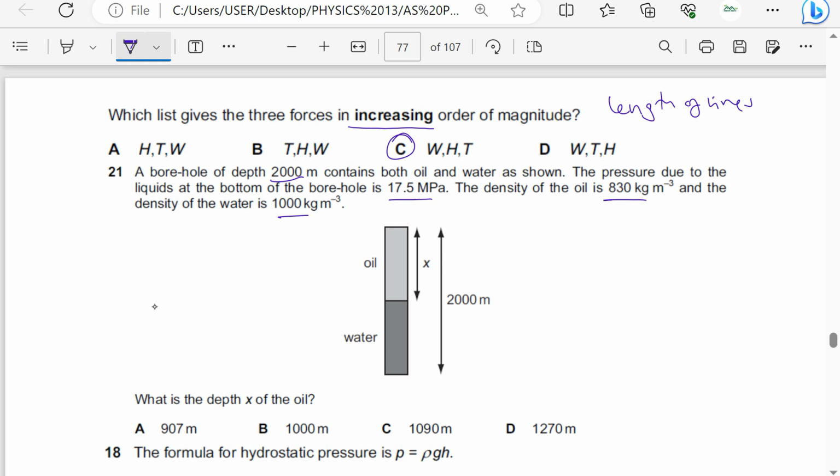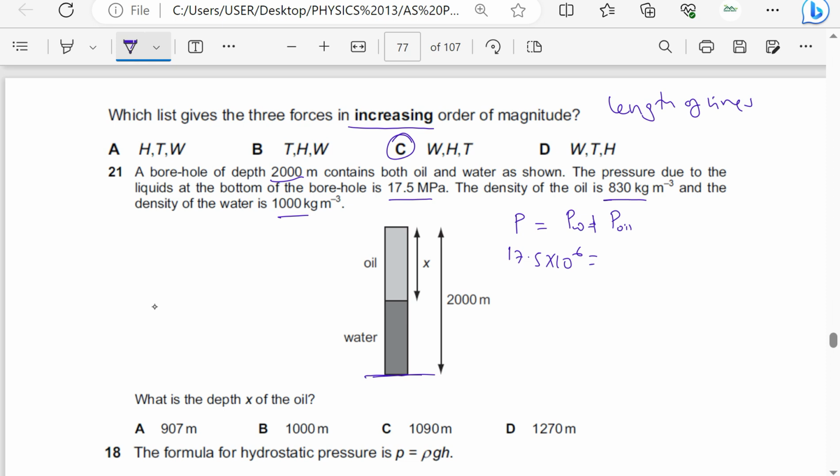at the bottom, the pressure is going to be the pressure due to the water plus the pressure due to the oil. The pressure at the bottom of the borehole is 17.5 times 10 to the power 6.